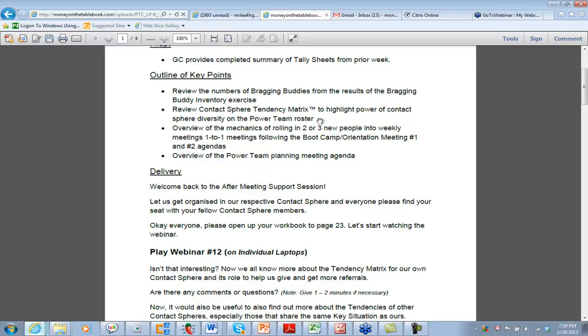Okay, we've liberated ourselves from being driven by contact sphere, structured power teams that don't enable different people in the chapter to work together. It becomes exclusionary based on what business you're in, and that's not what we want. And so we really want to celebrate the industrial diversity of these contact spheres as we look at forming power teams from bragging buddy duos.